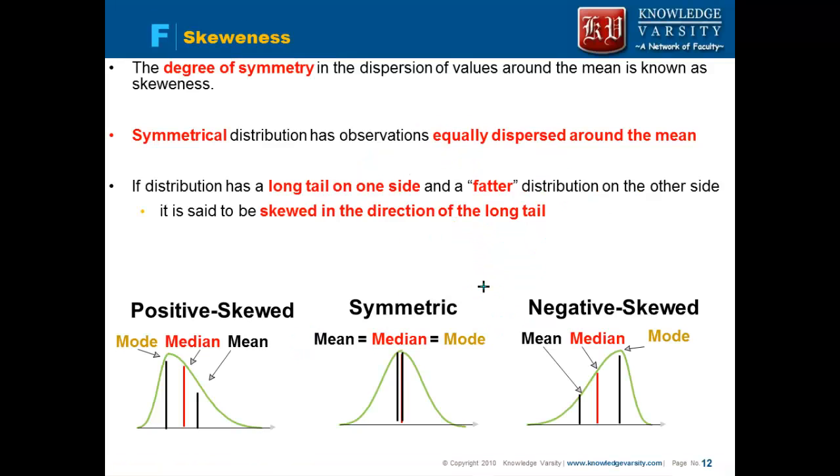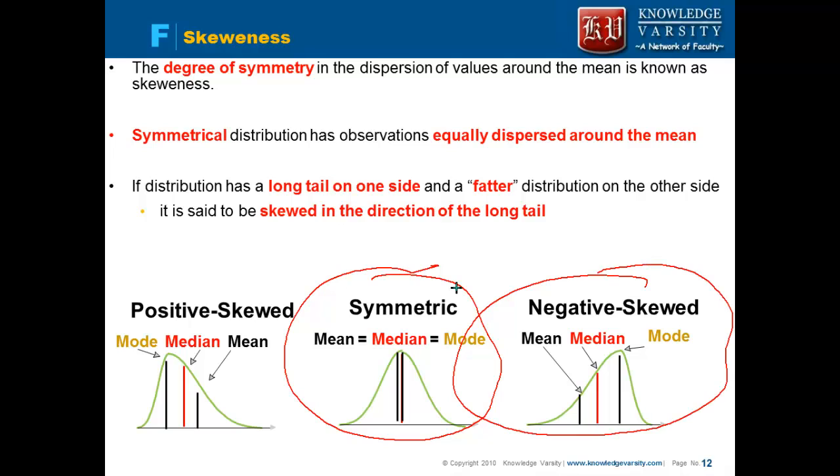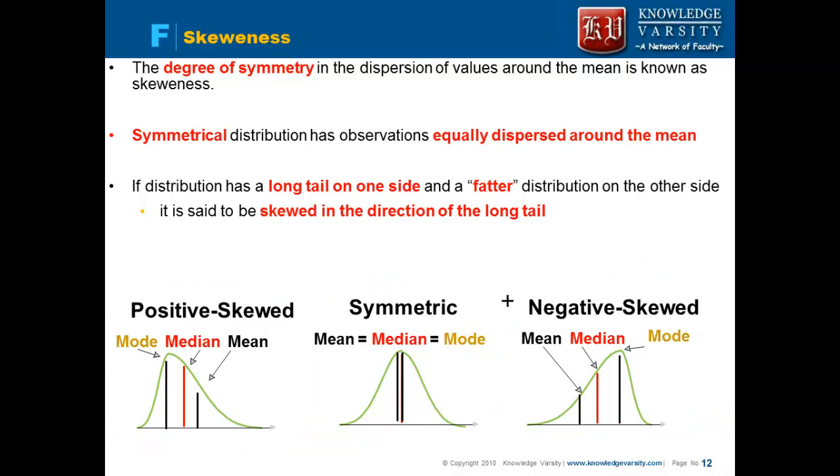As you can see, this is your symmetric distribution, this is your negatively skewed distribution, and this is your positively skewed distribution. You need to know the relative points where the mean and median are located. You will be asked to identify these, and whether it is a third moment, so you have to remember that.